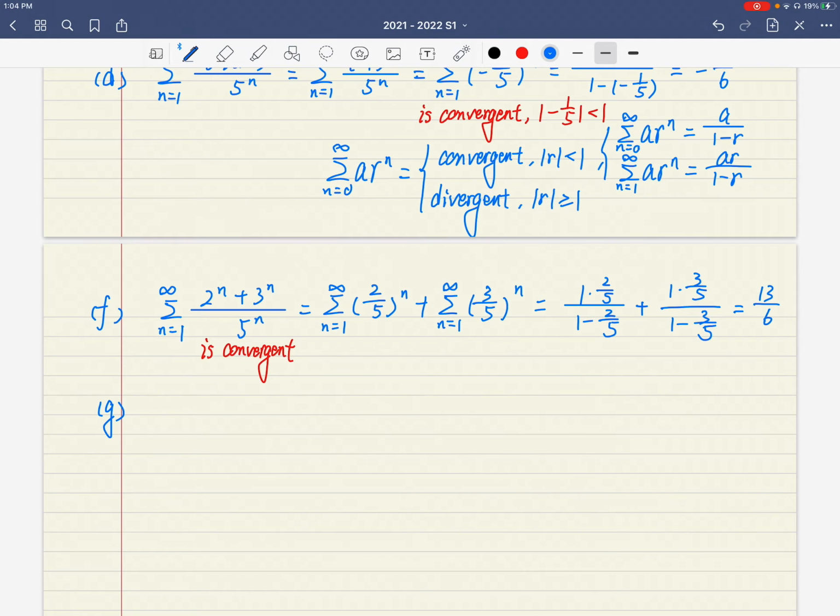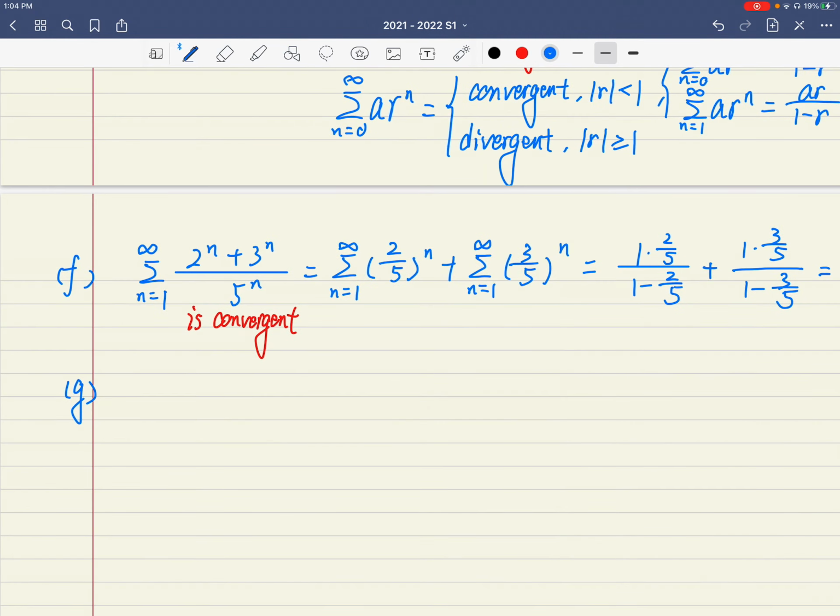What about part G? Part G looks a little bit complicated, but actually it's not. It is e to the power of n pi over pi to the power of n e. It looks like it has a lot of variables, but e and pi are both constants.